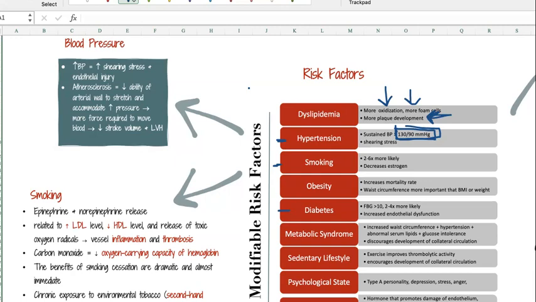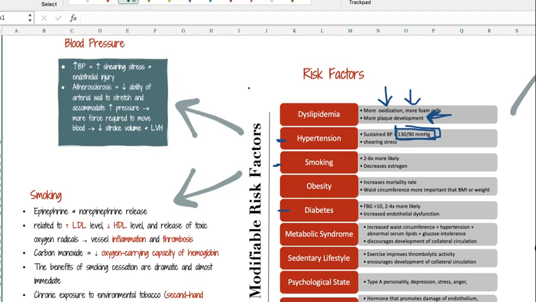If you just imagine a river that's flowing really, really quickly, high pressure, really fast, it's going to do damage to the riverbed, right? The sides. But if you have a stream that's slow and low pressure, it's really not going to be creating any kind of stress on the riverbed, and so there won't be as much damage to the sides. That's kind of how I think of how blood pressure really affects atherosclerosis.